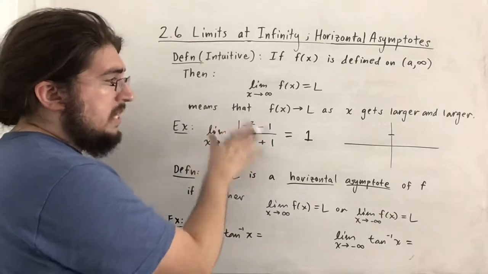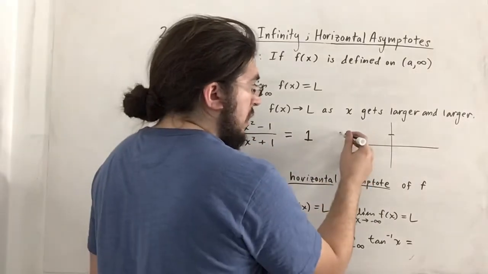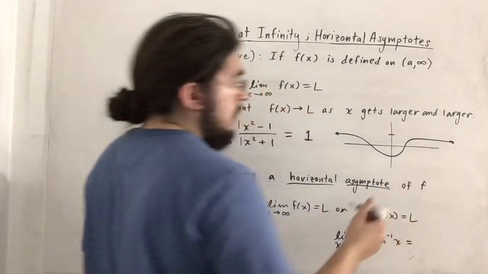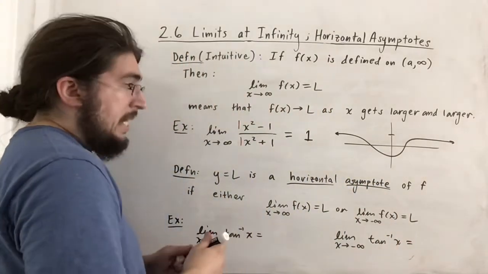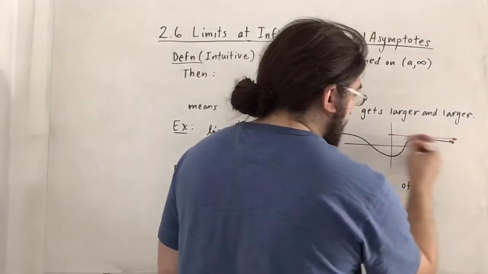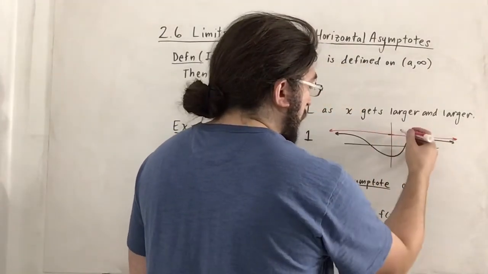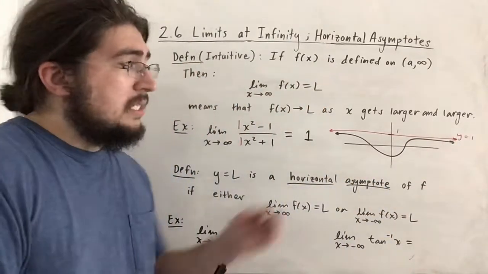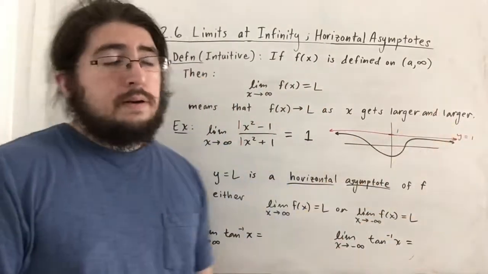So for example, with this one here, the image we get is something like this. Notice that this is a graph that has a horizontal asymptote at y equals 1. As x goes to positive infinity, it approaches 1.